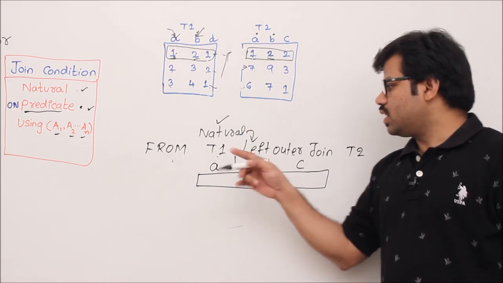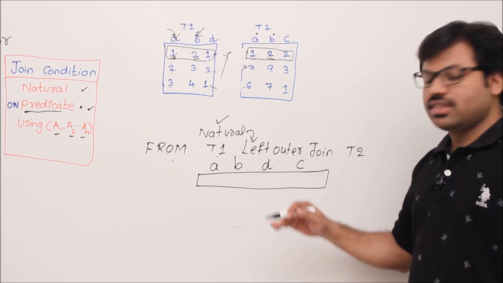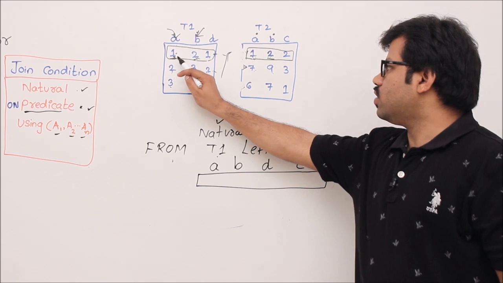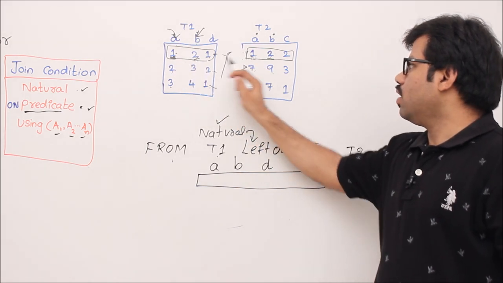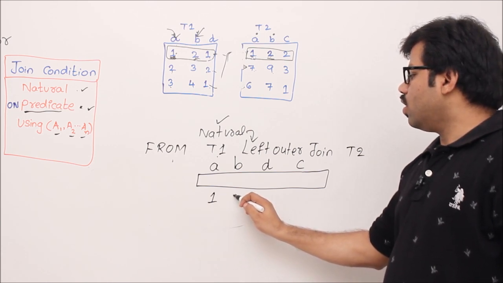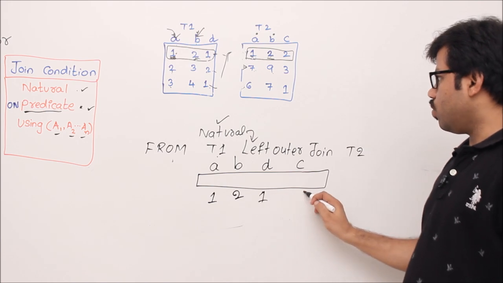First of all, natural left outer join contains the results of inner join. Do inner join first: this matches with this, this 2 matches with this 2, so the output will be 1 comma 2 and 1 comma 2, with D value 1 and C value 2.